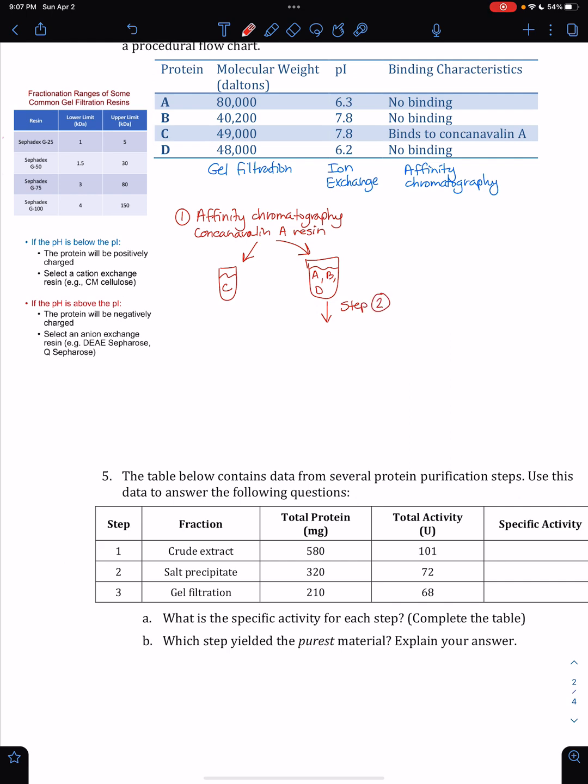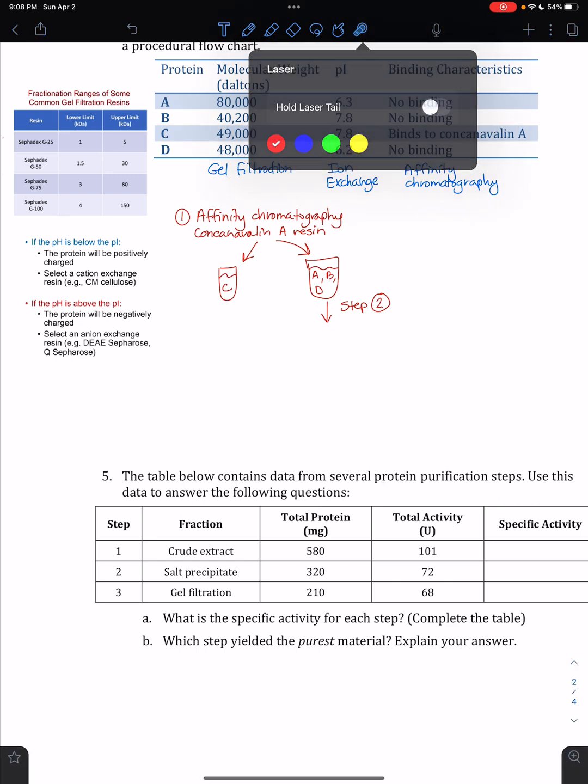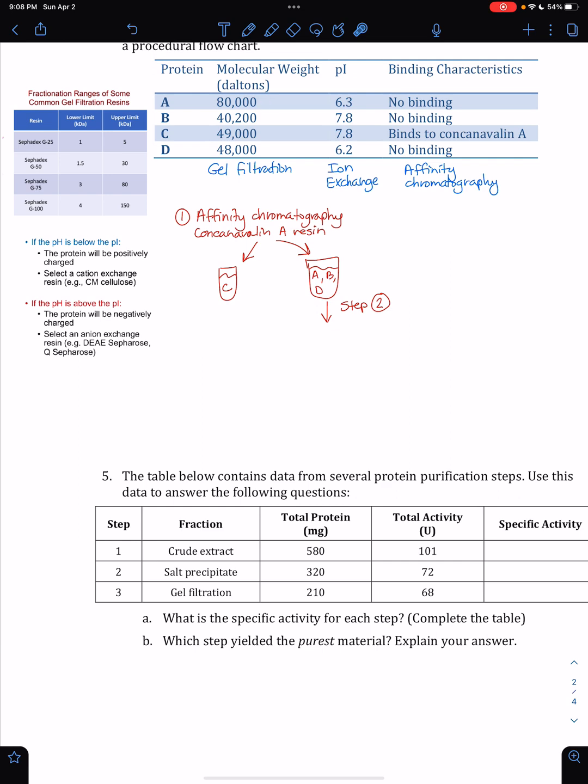is going to be, for me, let's see, so I have 3 things left, and those 3 things are something that's 80,000 daltons, one that's 40, one that's 48, and then I have 6.3, 7.8, and 6.2.